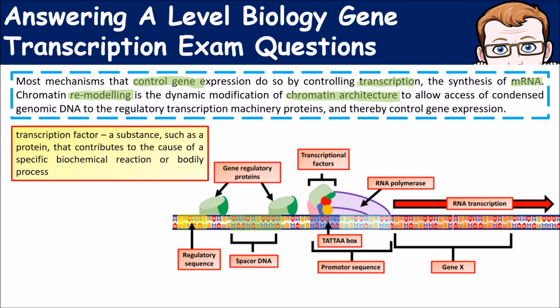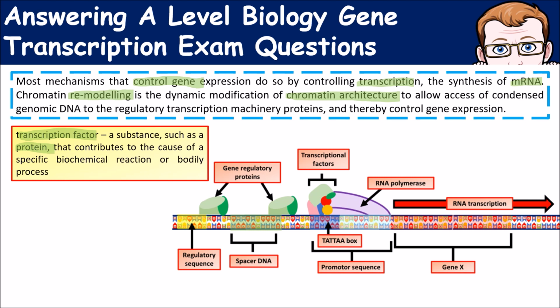Some of the key factors we need to consider: transcription factors that bind to the DNA. These are substances, such as proteins, that bind to specific biochemical regions within the DNA.